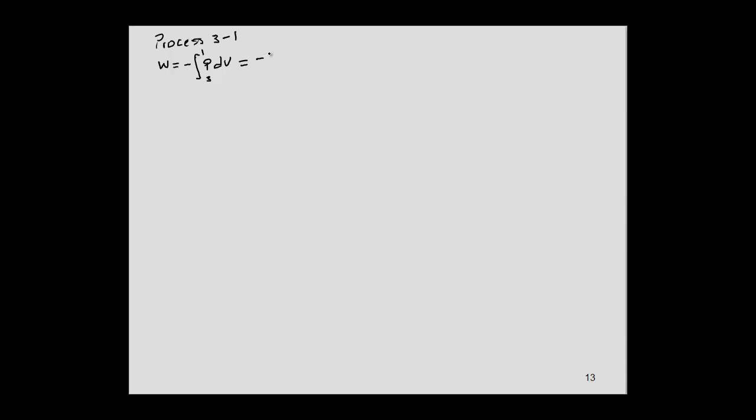So this will be P dV from 3 to 1. If we perform the integral, we know that this will be minus P times V1 minus V3, but we don't know either V3 or V1, so we are gonna invoke again that PV equals RT.